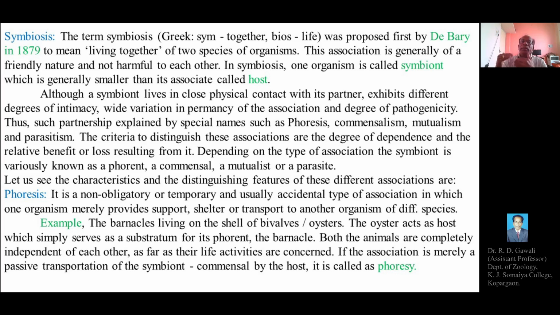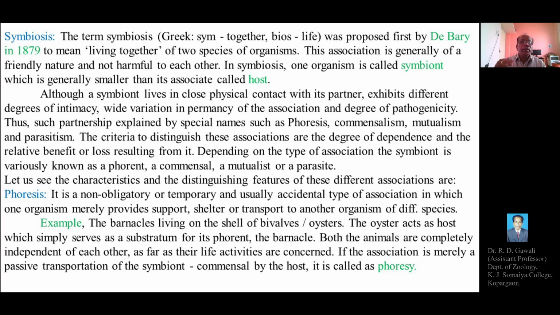On the basis of the degree of dependence and the relative benefit or loss resulting from the association, the symbiont may be called a phoront, a commensal, a mutualist, or a parasite. Let us see the characteristics and distinguishing features of these different associations.